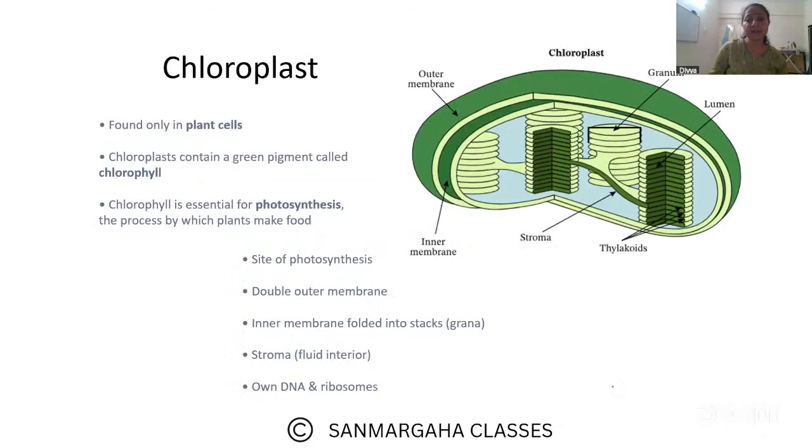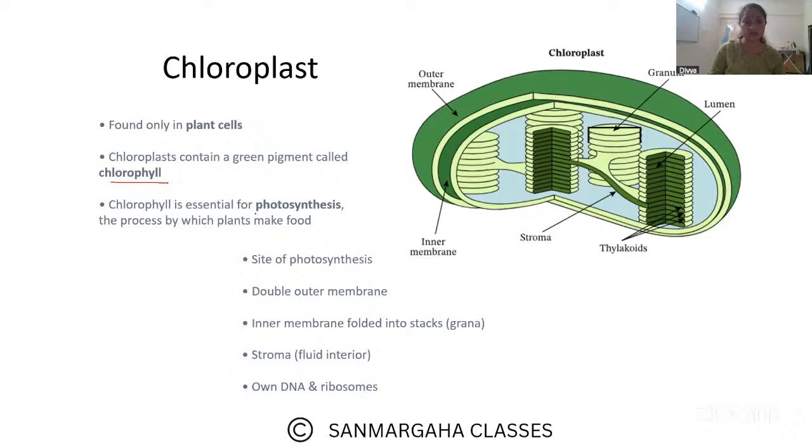So next, coming to the chloroplast. As I told you, it is found only in plant cells, because it contains chlorophyll pigment, which gives green coloration to the plant and also helps in photosynthesis.